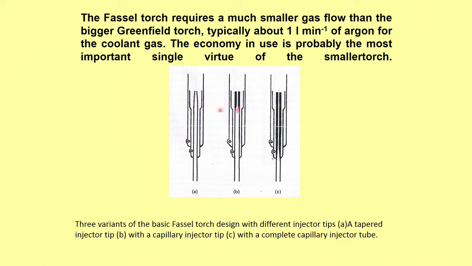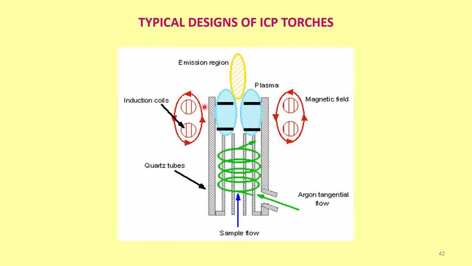Now, you will see in all these designs that the outermost tube is about 1 centimeter taller than the inner two tubes. This is very characteristic of the Fassel torch, because if you see the previous Greenfield torch, you can see that all of them are the same size, same level.